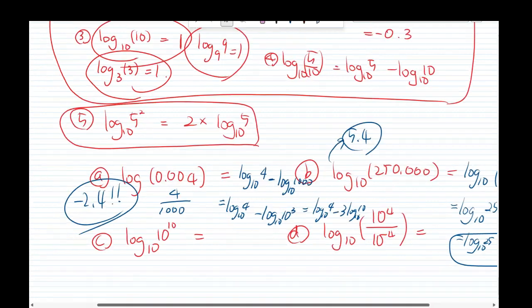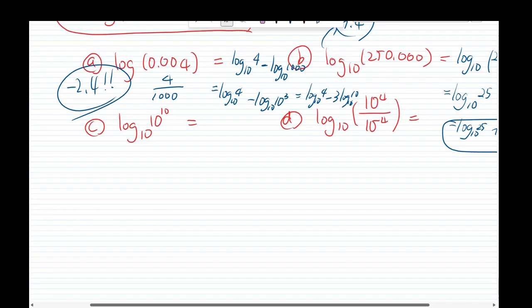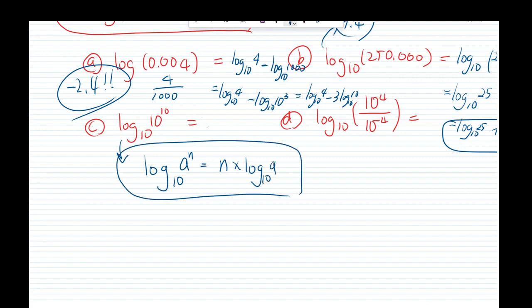And then part C. Do you remember this one: n times log base 10 of a? So now that is 10 times log base 10 of 10.